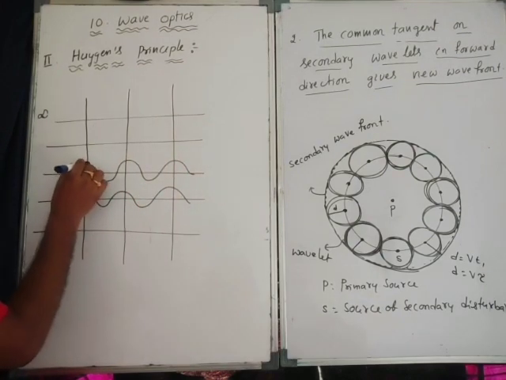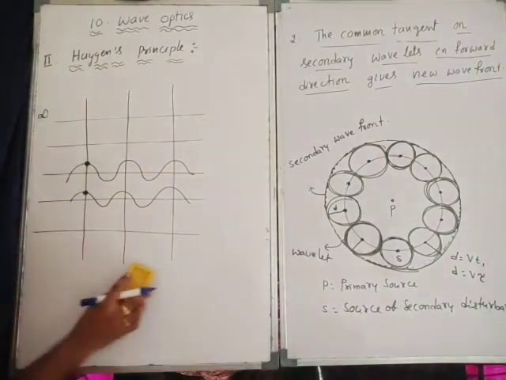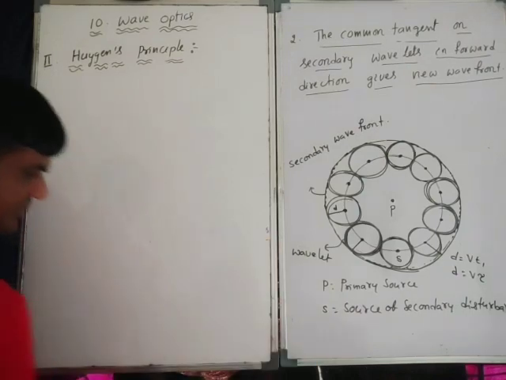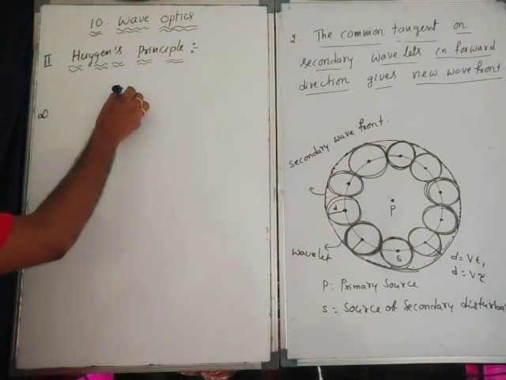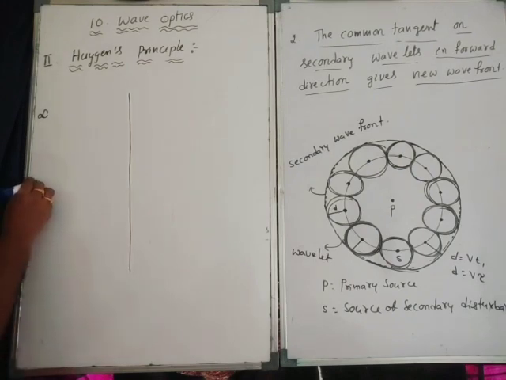Now I will consider each point on the wavefront gives secondary wavelets. Secondary wavelets, right? So now I will consider this wavefront as a primary wavefront, a primary source.